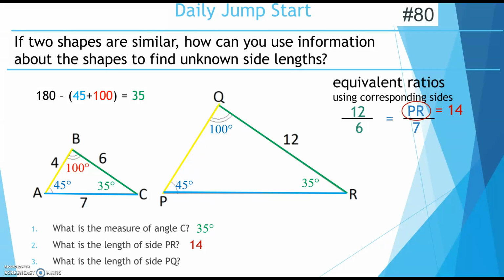So you might be wondering if it is important to always start with the larger figure. I'm going to show you here that we can actually switch the order. The order doesn't matter as long as we are consistent with each ratio.